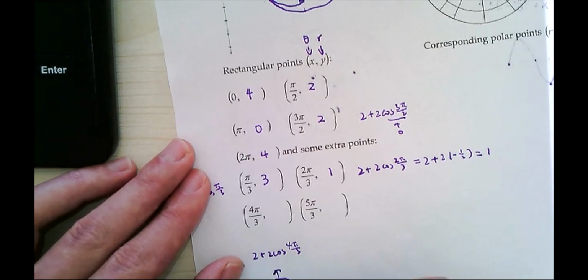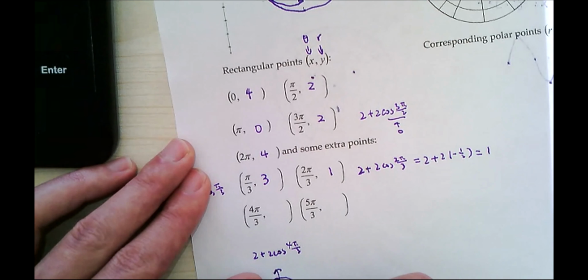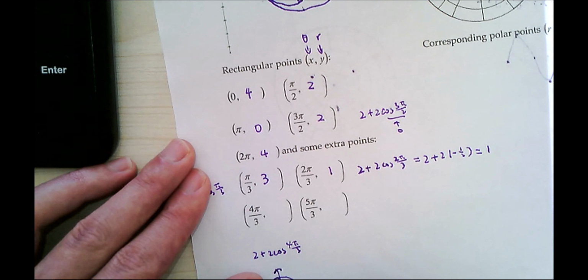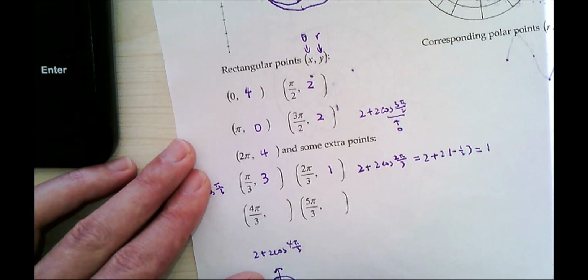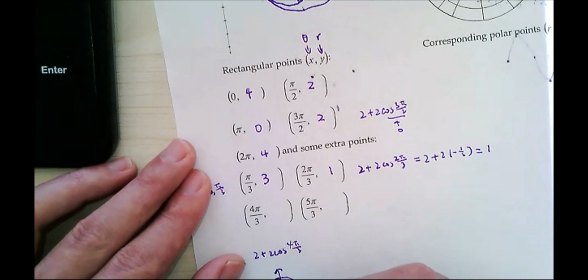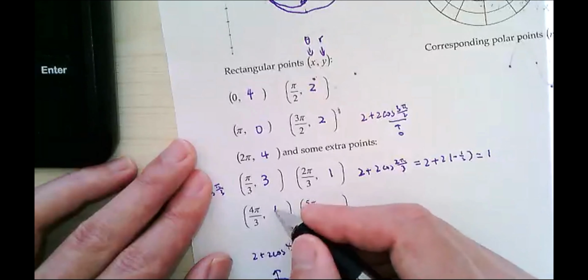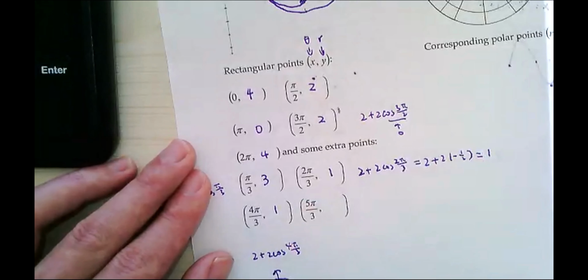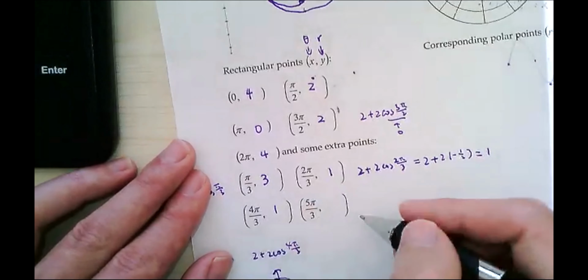Okay, so you guys must learn how to use a unit circle. So this reference angle is pi over 3, and the cosine of reference angle pi over 3 is on this side. Yeah, correct. I think this is negative 1/2. So again, same answer.